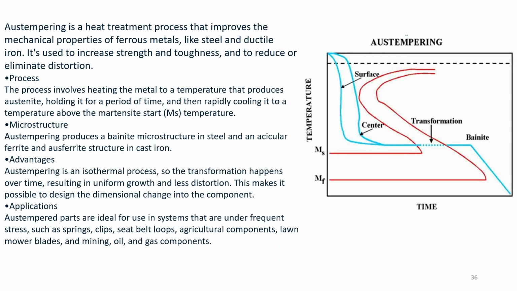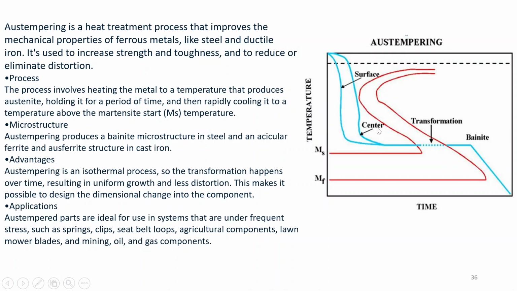And this makes it possible to design the dimensional change into the component. Tempered parts are ideal for use in systems that are under frequent stress, such as springs, clips, seatbelt loops, agricultural components, lawnmower blades and mining, oil and gas components.